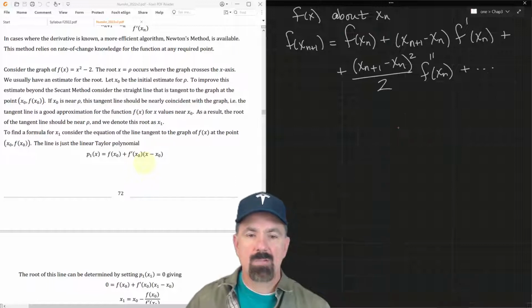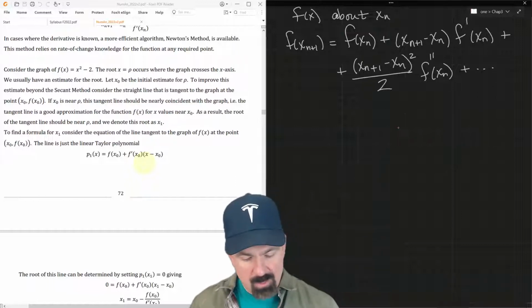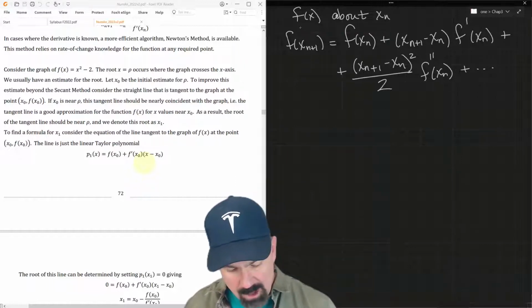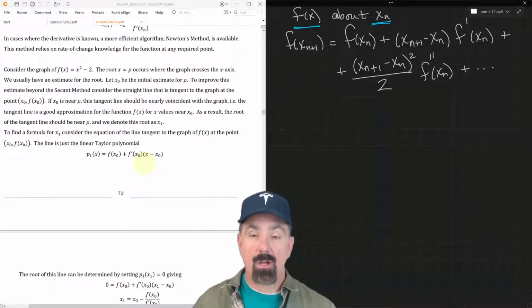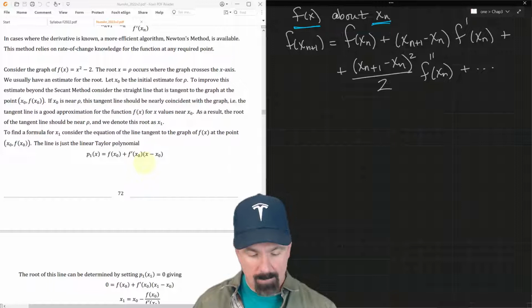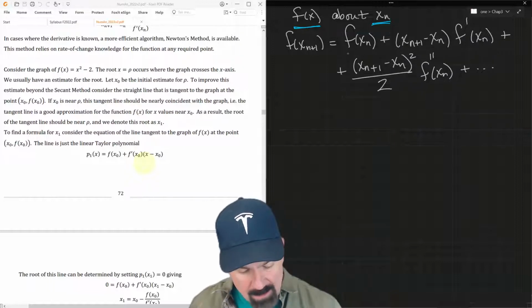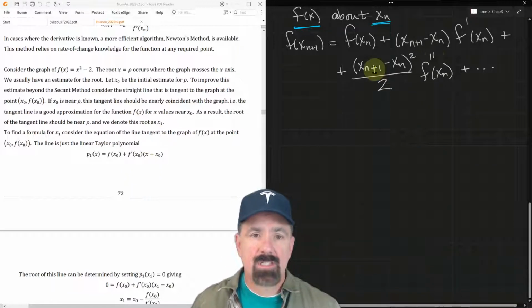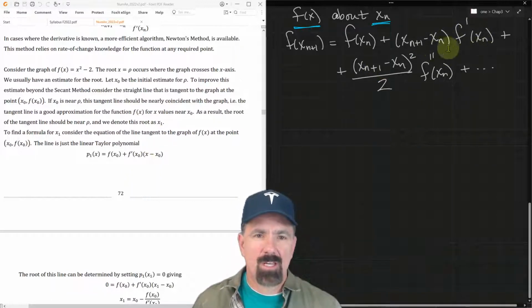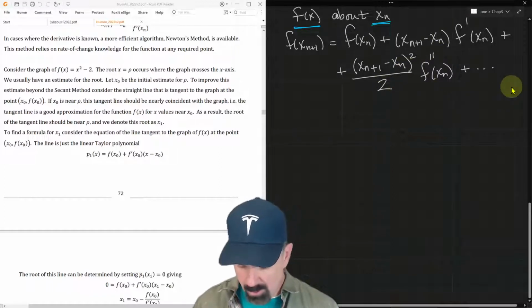So the approximation that we were using for Newton's method is really, we are approximating the function f about our current root approximation. So what we have is, we have this function value, and I've just built out the Taylor polynomial here. So you can see we have our linear term and we have our quadratic term, and then we just have more and more and more terms.